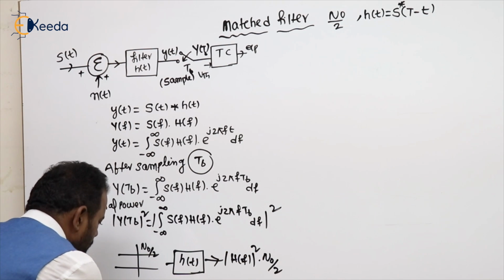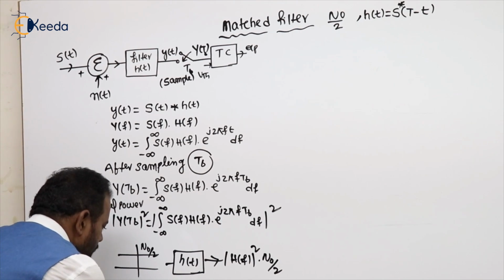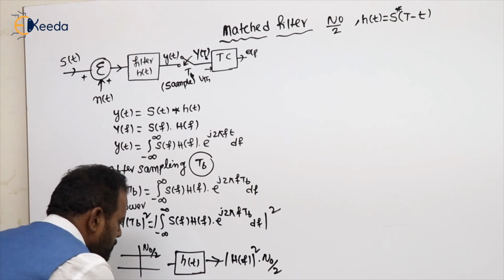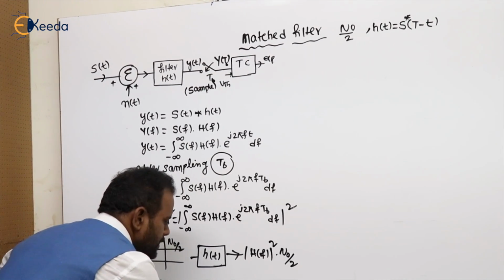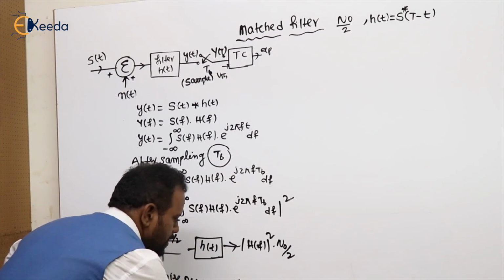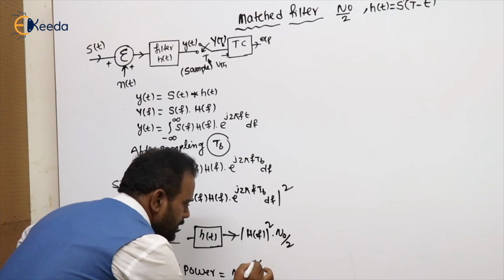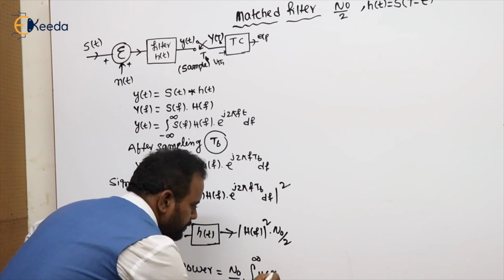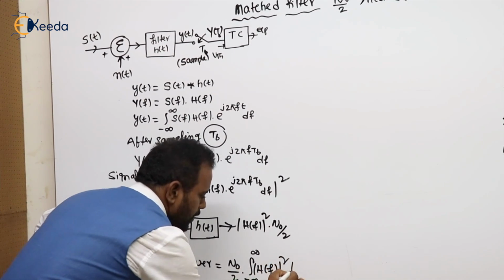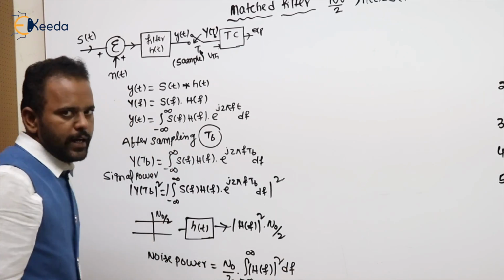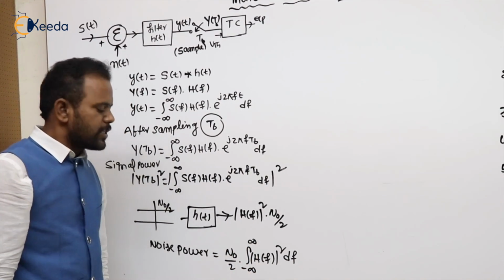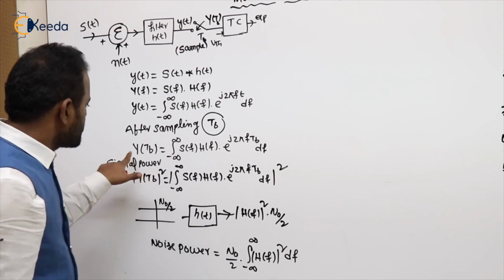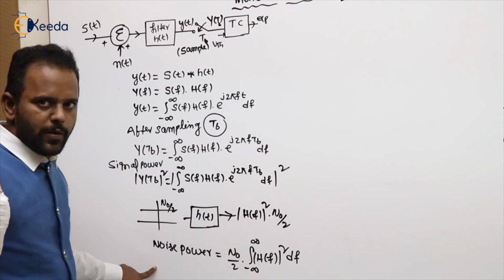Then if you get the power spectral density, what is the noise power? How to calculate power? Power is nothing but, of course N0 by 2 constant outside, integral minus infinity to plus infinity mod H of f whole square df. That means area under the power spectral density will give you the noise power. This is the signal power. This is the noise power.